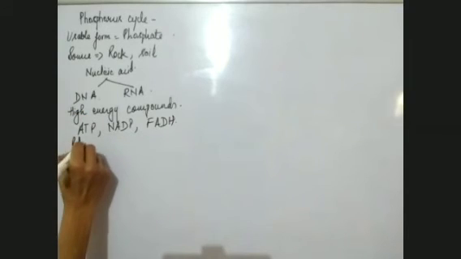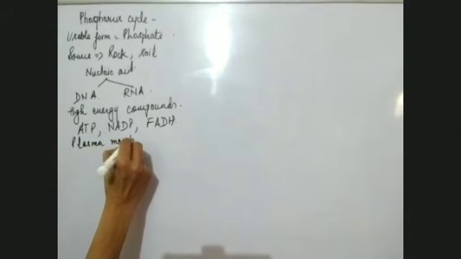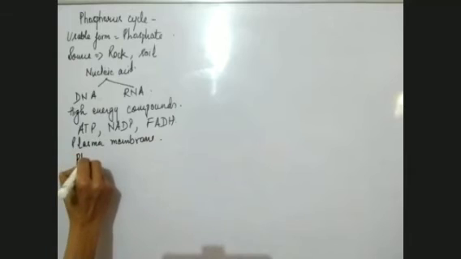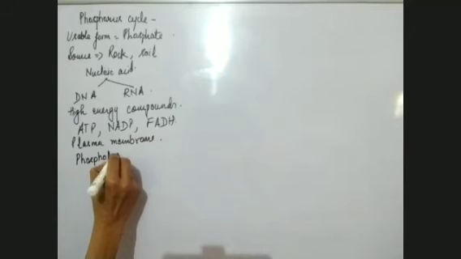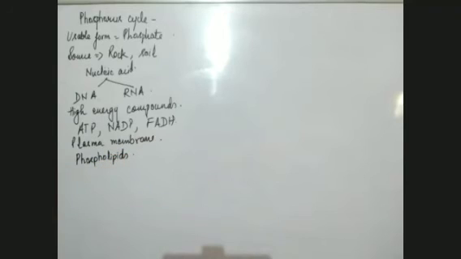Phosphorus also forms an important component of the plasma membrane. The plasma membrane consists of proteins and lipids, but which lipids? It is phospholipids. Phospholipids are present in the plasma membrane, so it is an important part of it.